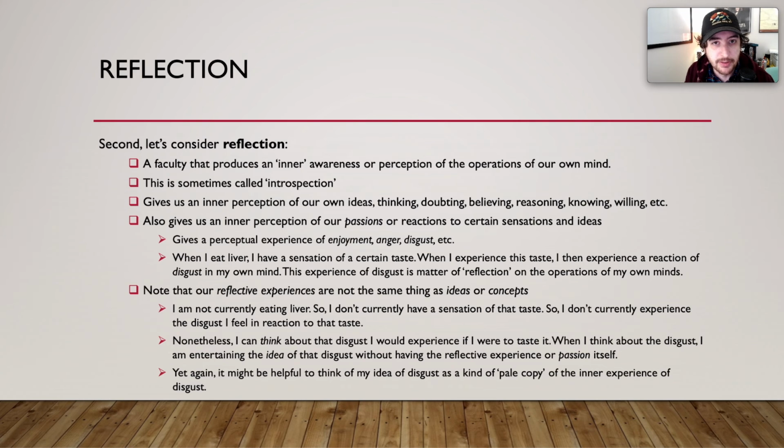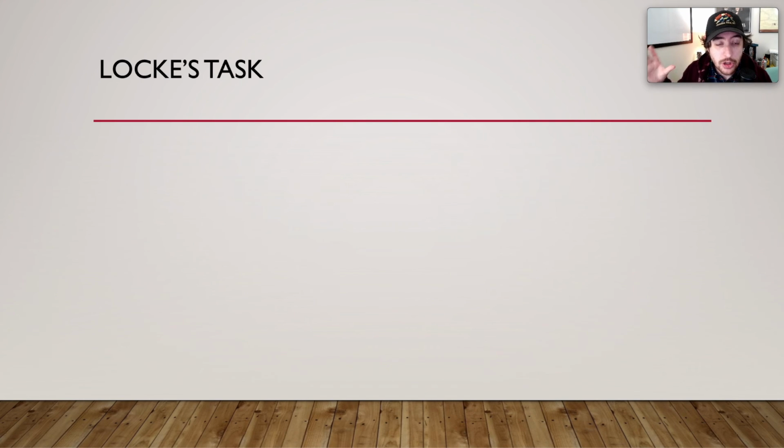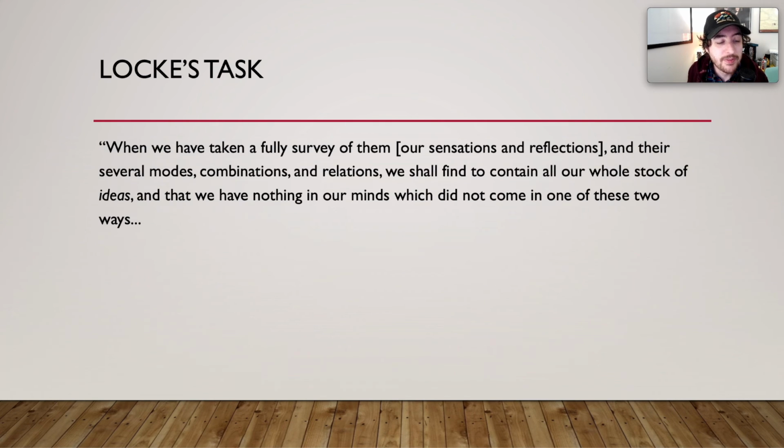So using sensation and reflection, Locke wants to show, he says, that when we've taken a full survey of them, our sensations and reflections, and their several modes, combinations, and relations, we shall find they contain our whole stock of ideas, and that we have nothing in our minds which did not come from one of these two ways.